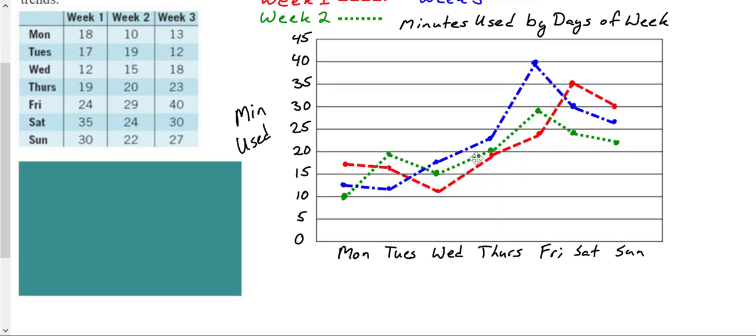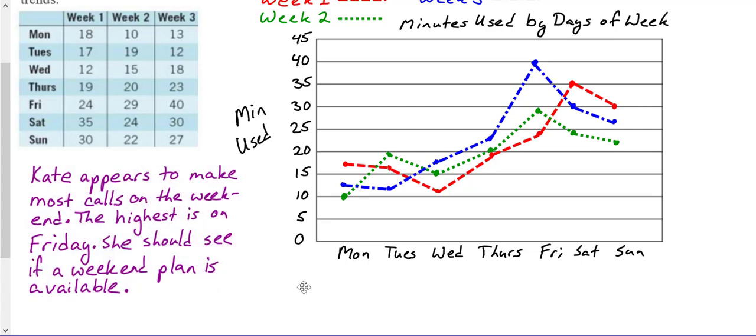You can look at this and see that Kate appears to use more data on the weekends, Friday through Sunday. She uses less data Monday through Thursday. So maybe what she needs to do is look and see if she can find a plan that has unlimited minutes on the weekends to help her out.